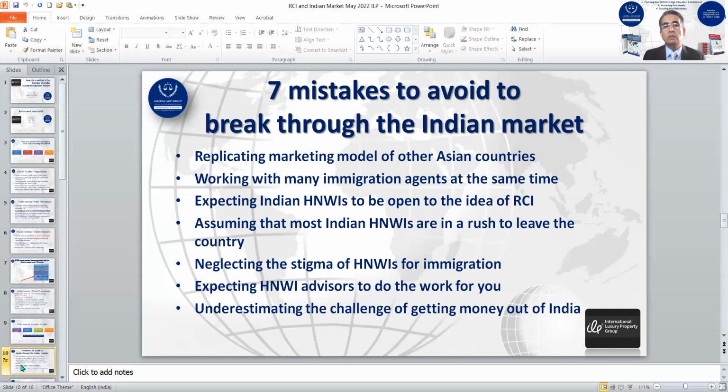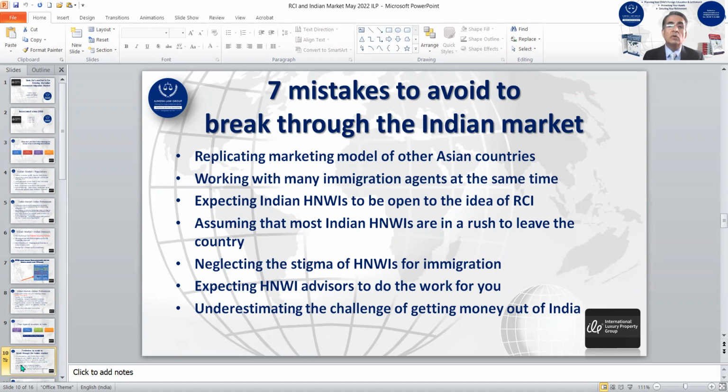The answer was that none of them were from India with money in India. Either they were Indians living outside India, or they were Indians whose money was out of India, and they made an investment into their projects to obtain residency of a European country. So that's the market problem we are facing.